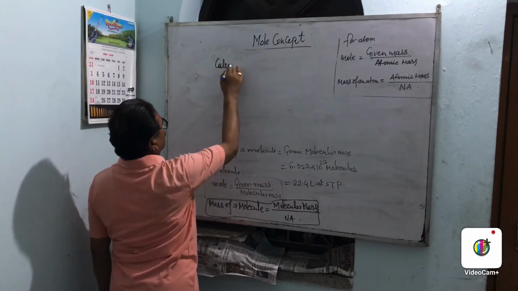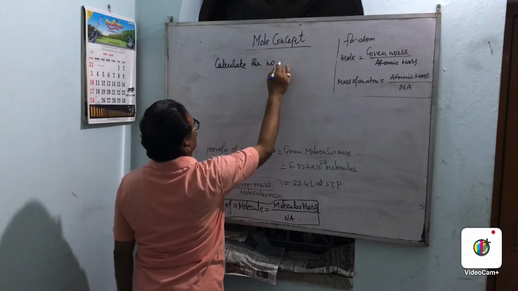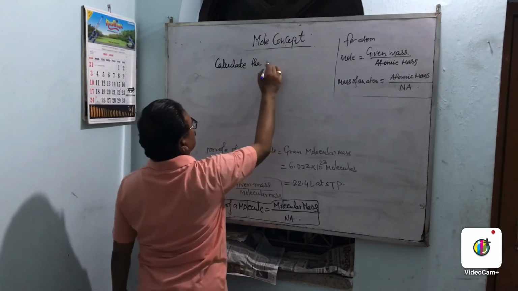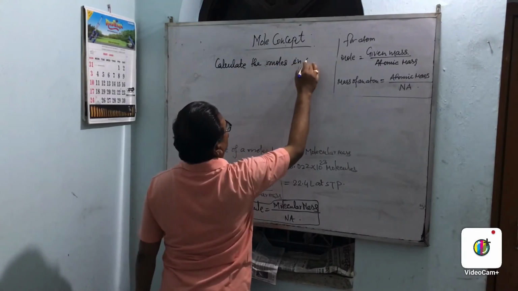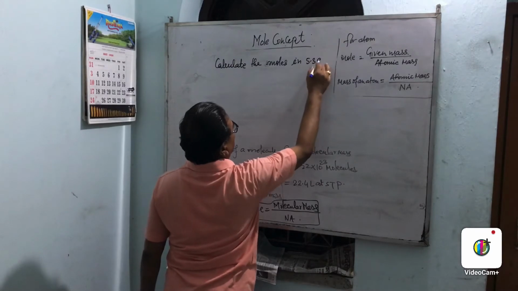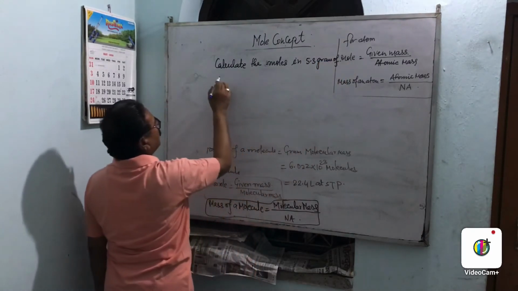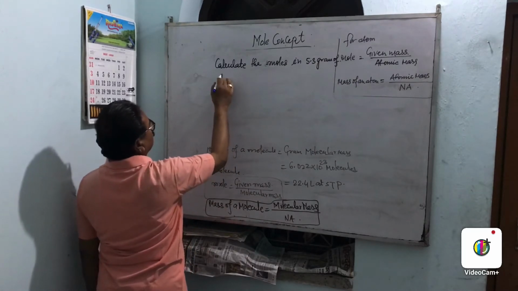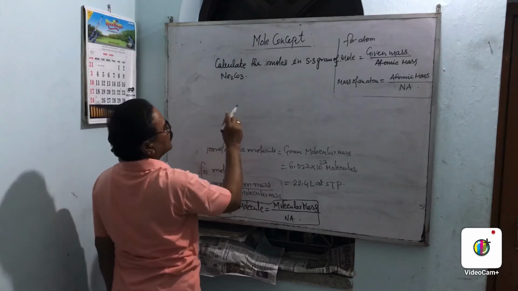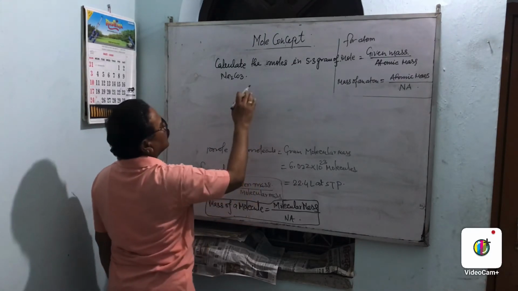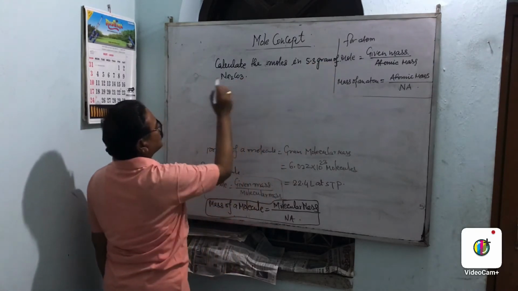Calculate the moles in 5.3 gram of sodium carbonate.